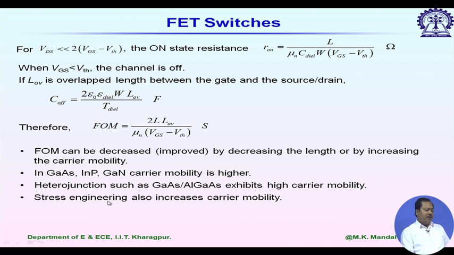Some heterojunction structures like gallium arsenide, aluminum gallium arsenide also exhibit high carrier mobility. Stress engineering also increases carrier mobility. Last day I was discussing that with another crystal, let us say germanium or maybe silicon.